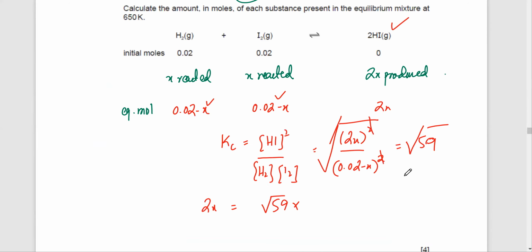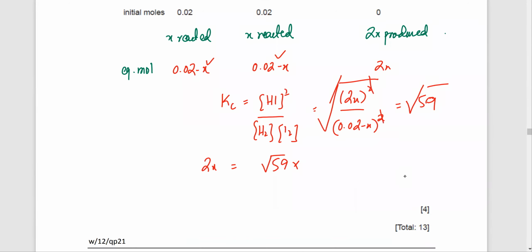I think it's this one. So it's going to be 59 under root multiplied by 0.02 and also 59 under root multiplied by x. So this multiplied with this thing, and then you solve for x.